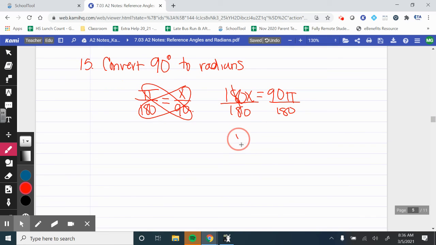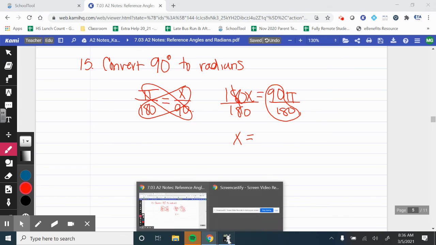Now here we want to leave our answer in terms of pi, and that's really important. So in your calculator, and you can use the alpha y equals button, just type in 90 over 180, and you might be able to do this in your head too, but you want to be able to reduce that in your calculator. So do 90 over 180 and reduce that.